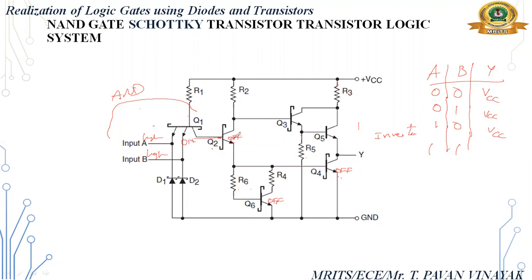Whenever this is on, Q2 is on. Whenever Q2 is on, what happens? This is on, this will be off. So Y will be ground.